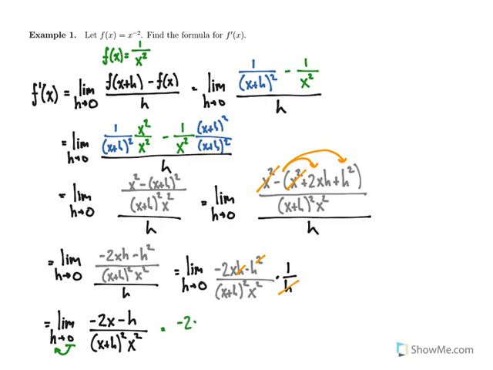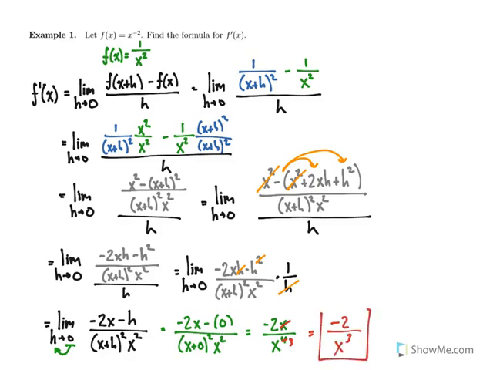We have negative 2x minus, there's plugging in 0 for h, we have x plus 0 squared, x squared. And this is going to give us negative 2x over x to the fourth. Note that we can cancel out an x here, and we'll be left with negative 2 over x cubed. And that is the correct answer for that.